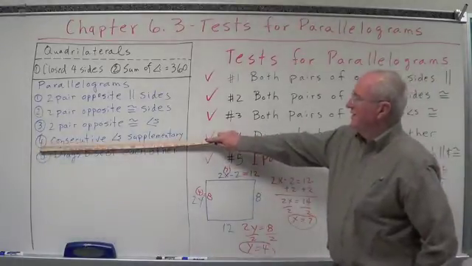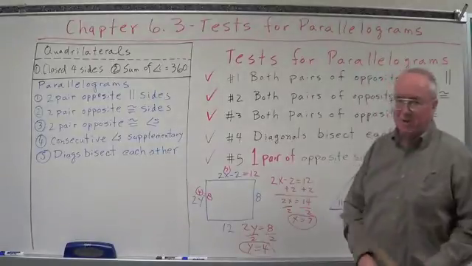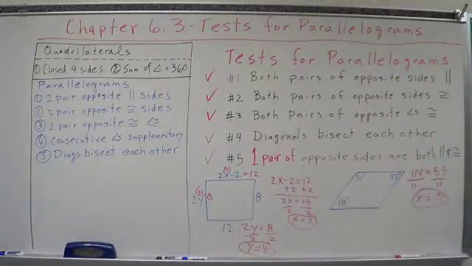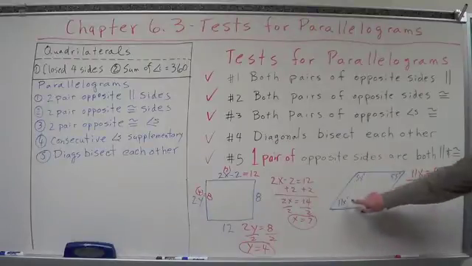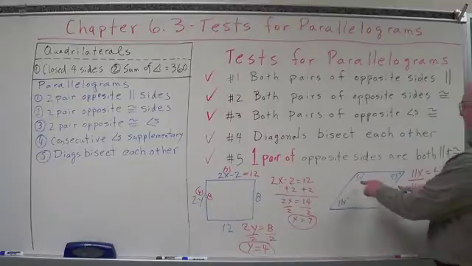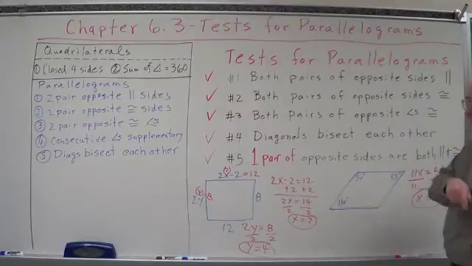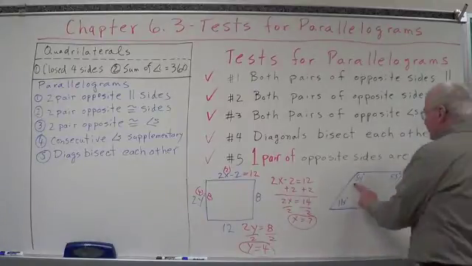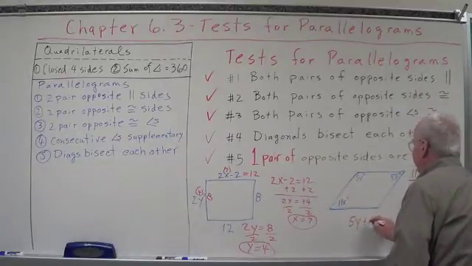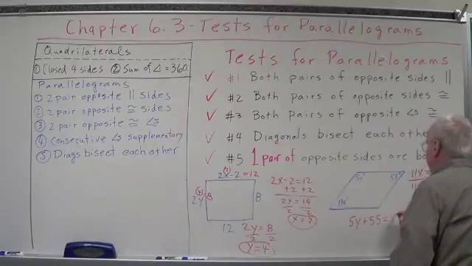What do we know here? Consecutive angles, angles next to each other, are supplementary. So this angle plus this angle has to equal 180. This angle plus this angle has to equal 180. So let's do these two. 5y plus 55 equals 180.